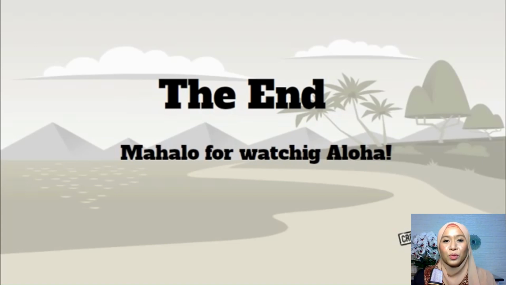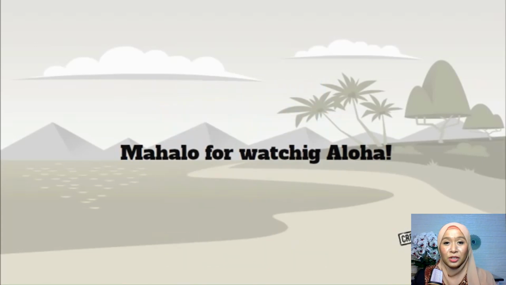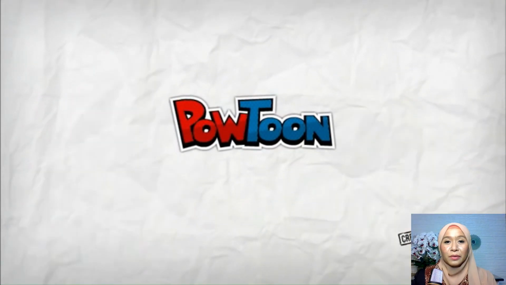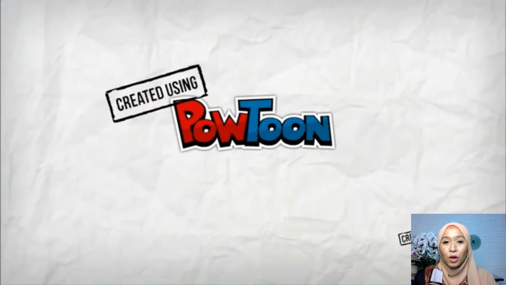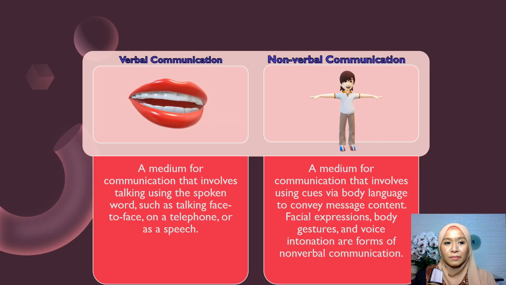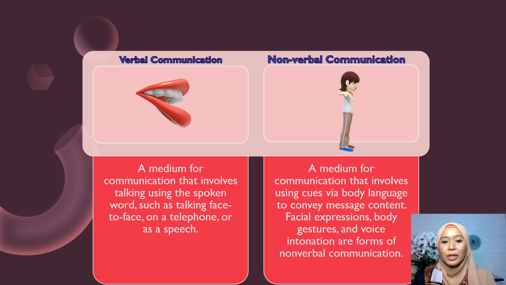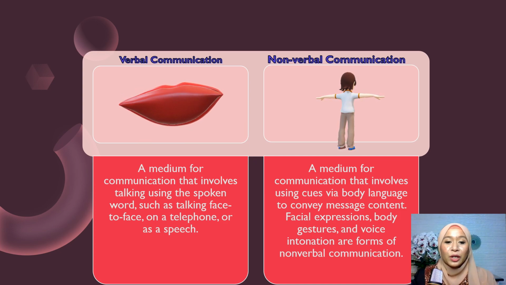So using both verbal and non-verbal communication skills would make an effective presentation. And non-verbal communication skills would complement verbal communication. So verbal communication is a medium for communicating that involves talking using spoken words.